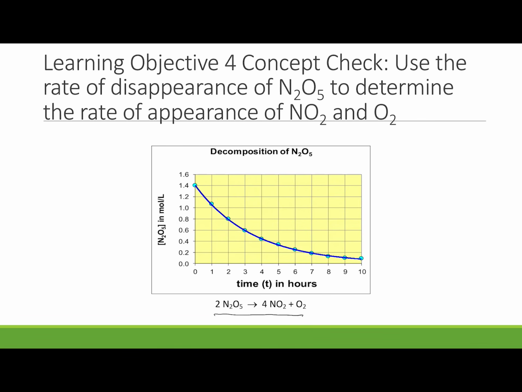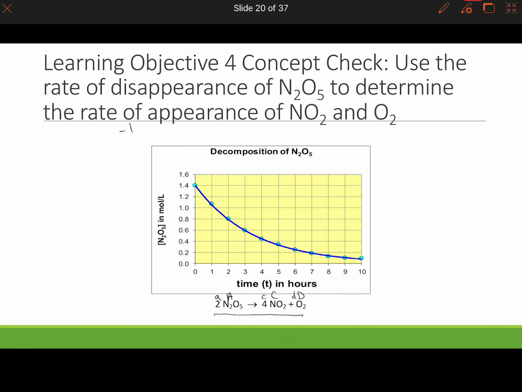So we would say that negative 1/2 delta N2O5 over time is equal to 1/4 delta NO2 over time, or 1/1, as we have no stoichiometric coefficient for O2, so we'll just go delta O2 over time. So if we have any one of these rates, we can relate them to any other rate.